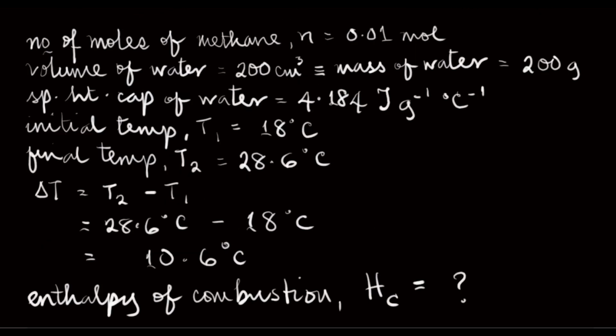From this question, we are given the number of moles of methane, the substance undergoing combustion, the volume of water, which is equivalent to the mass of the water, the specific heat capacity of water, and the temperature change of the water, and asked to calculate the enthalpy of combustion.